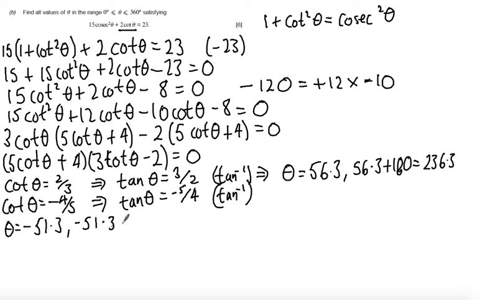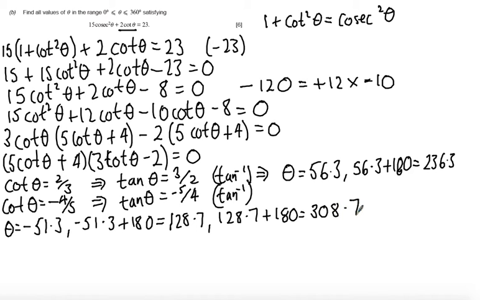If I add 180 degrees to minus 51.3, I get 128.7 degrees. And then I consider, can I generate any more solutions by adding 180 degrees? And the answer is yes, I can. If I add 128.7 plus 180 degrees, then I get a second solution of 308.7 degrees. If I add 180 degrees to this, it's clearly going to go outside the range.